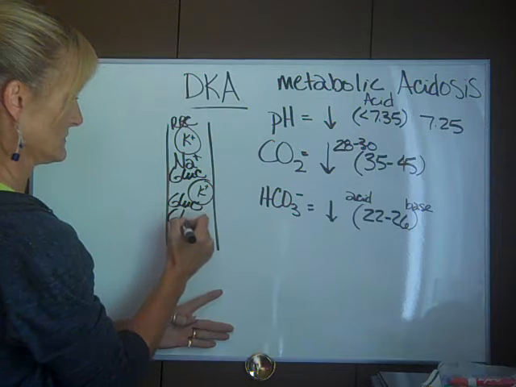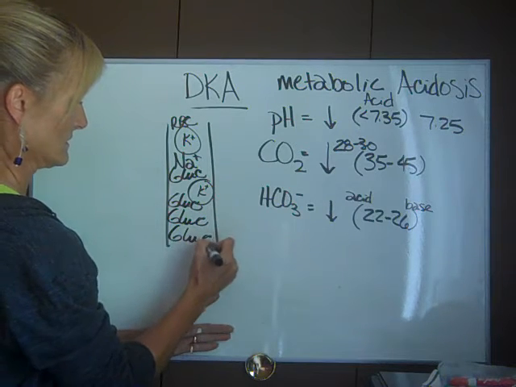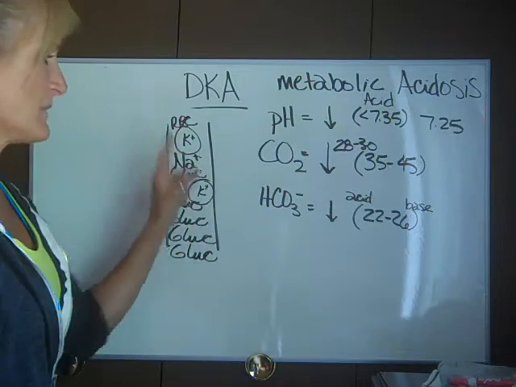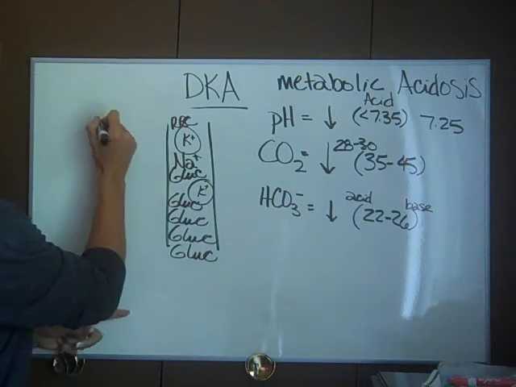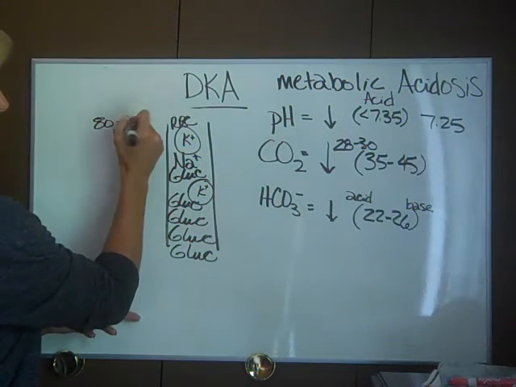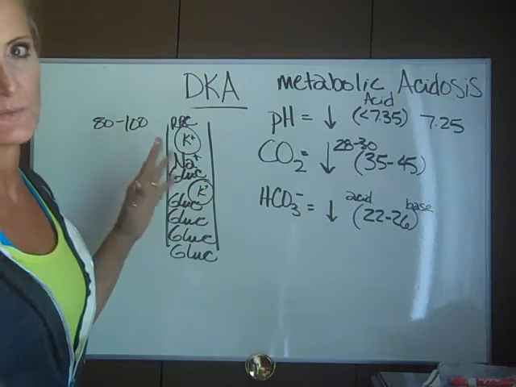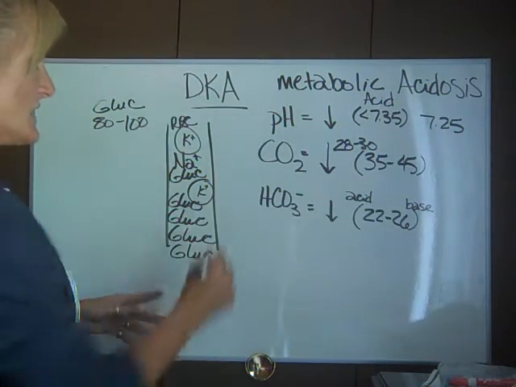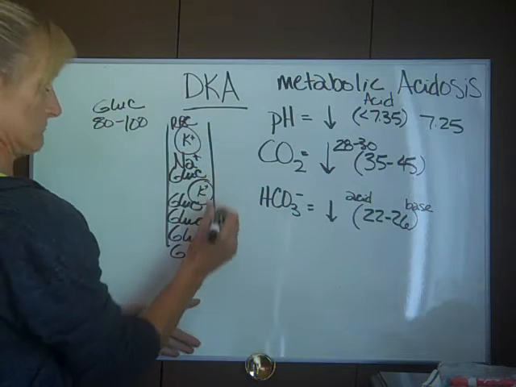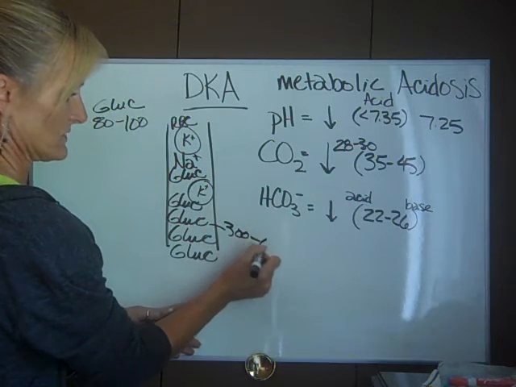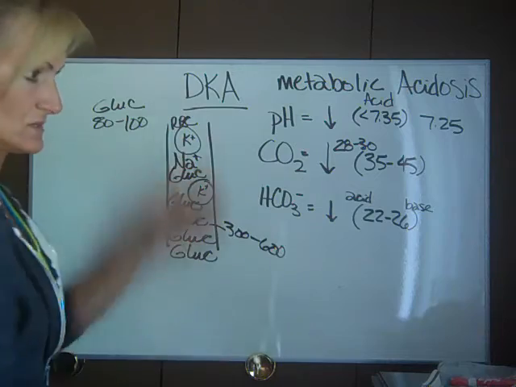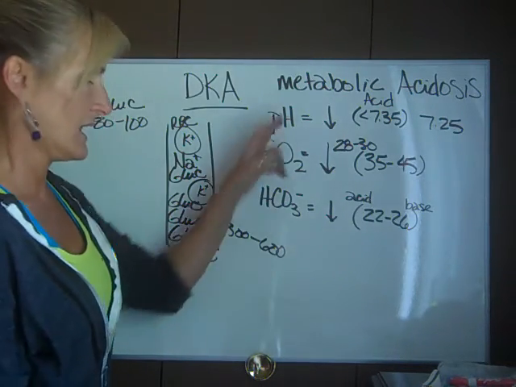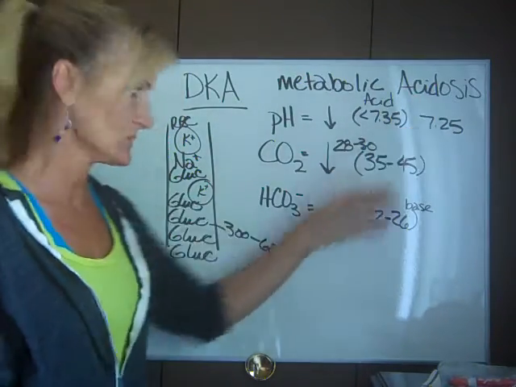Glucose, glucose, glucose, glucose, glucose. Way too high glucose. Remember, you're supposed to have about 80 to 100, is recommended. Some people go up to 110. This is normal glucose, but in DKA, you can get glucoses up in the 300 to 600 range. Way too much glucose. So your patient is in a hypertonic state and they are in metabolic acidosis.